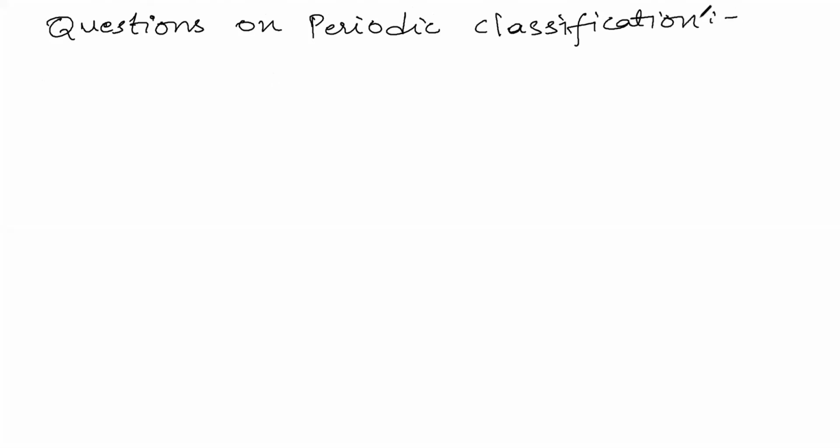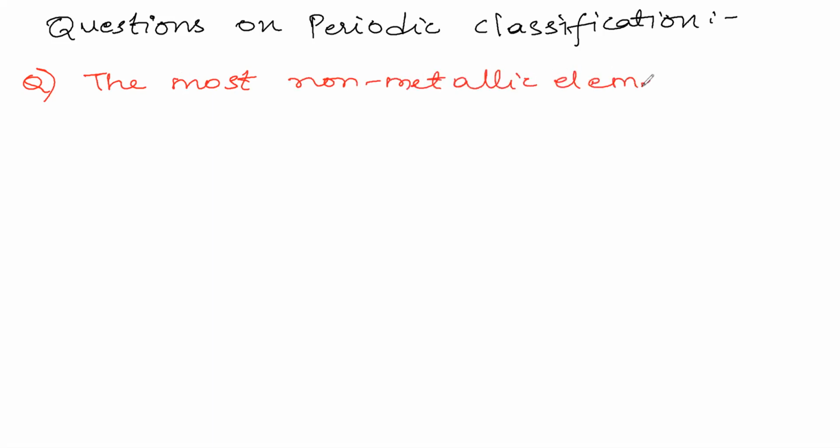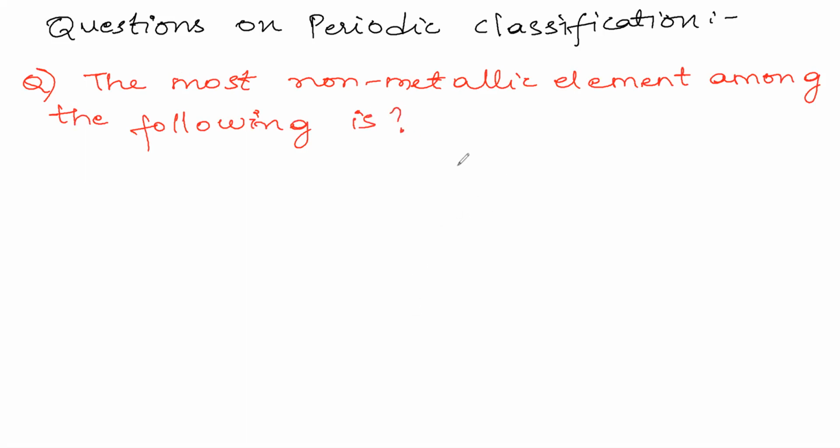First option, BE, that is beryllium. Second option, boron. Third option, magnesium. And fourth option, aluminium.